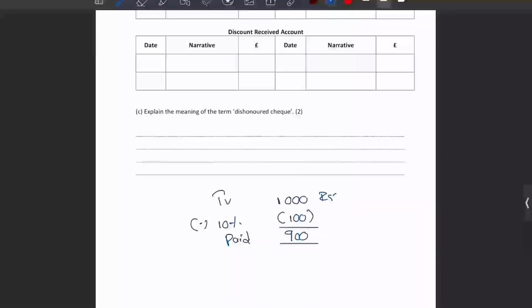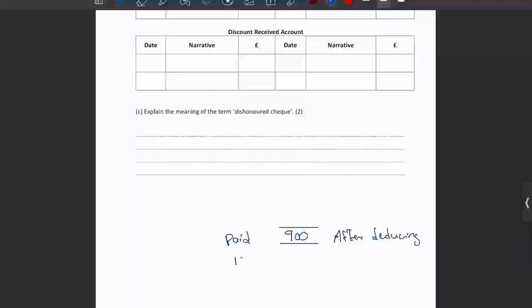Imagine the examiner doesn't give you any of this. Listen to me carefully. How much did you pay? 900, right? The examiner tells you, pay 900 after deducting 10% discount.